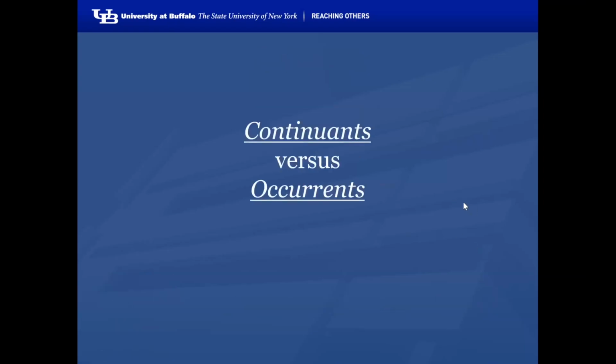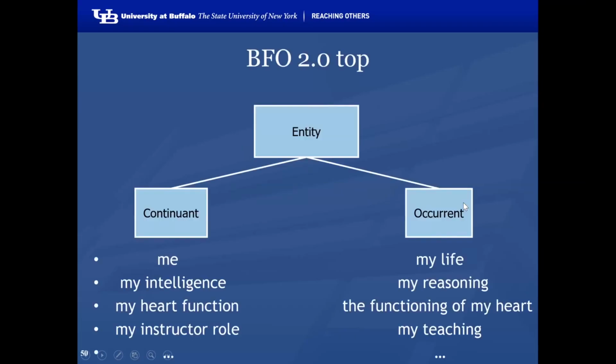So what are the kind of entities? Continuance versus occurrence. That's the main distinction. Roughly, continuance are things like me, my intelligence, my heart function, my instructor role. And occurrence are my life, my reasoning, the functioning of my heart, my teaching, and so on.